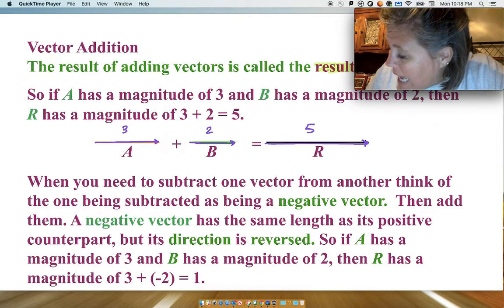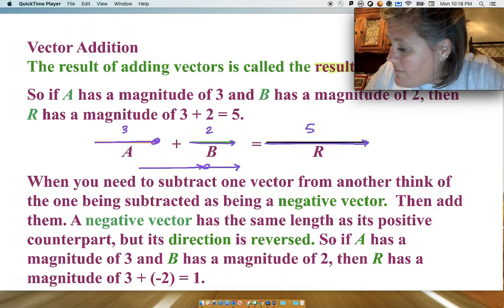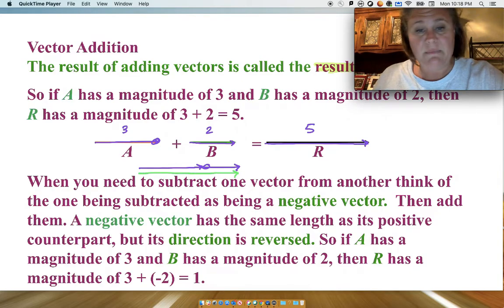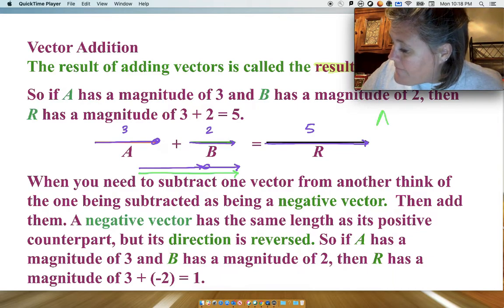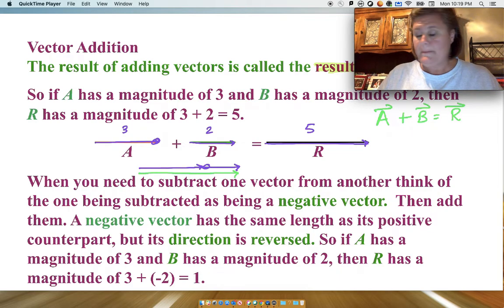Now, I will say, when adding those vectors, we're going to take the tip of A, and then to that, we're going to add the tail of B. And so our resultant vector is going to go from the tail of A to the tip of B. So that would be our resultant vector there, which is 5 units to the right. Okay, so that's adding vectors, and that would be like vector A plus vector B equals our resultant vector.